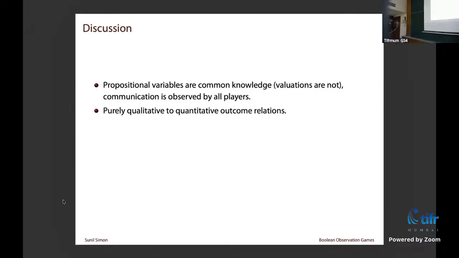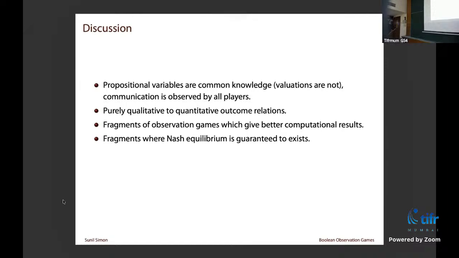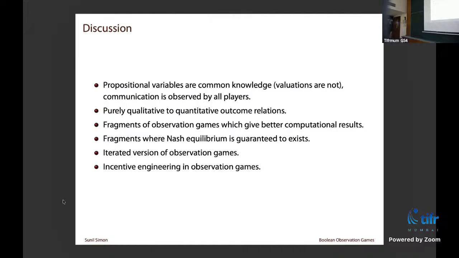The outcome rules that we picked were purely qualitative. Of course, you can try to look at a more quantitative kind of outcome rule. We identified some fragments where equilibrium exists, but it's not a characterization, so there might be better ones. And also fragments where the computational results are better. So this is a one-shot case. You can also look at the iterative case.